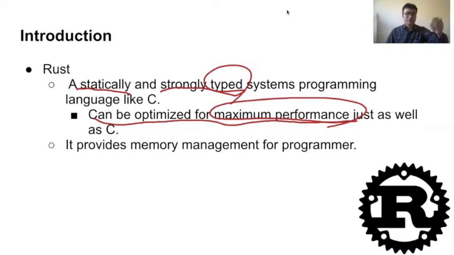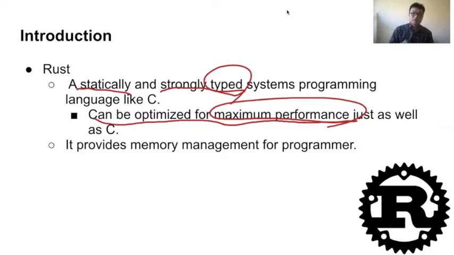It can be optimized to a very good executable file, but it also gives some flexibility to the user. Compared to C, as a programmer, you will feel it's easier to write the code in Rust, and you don't need to worry too much about the performance.